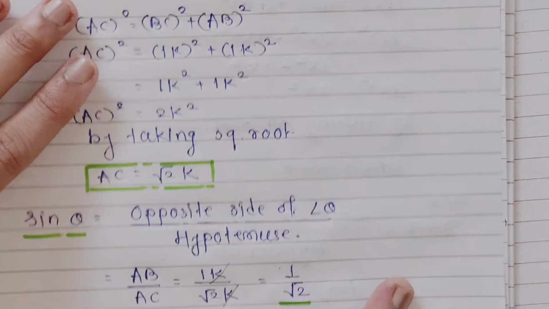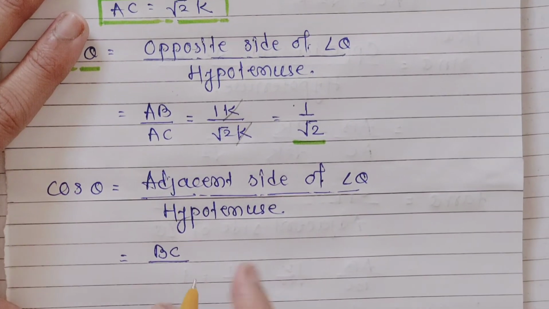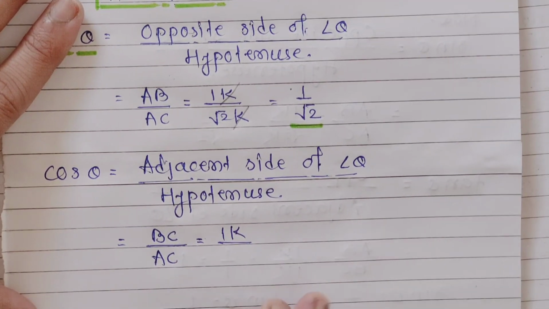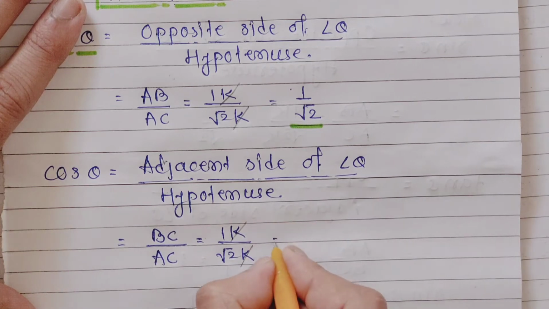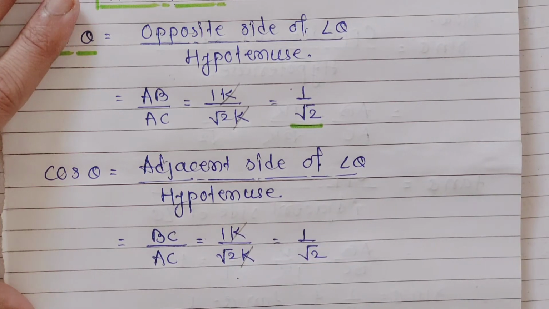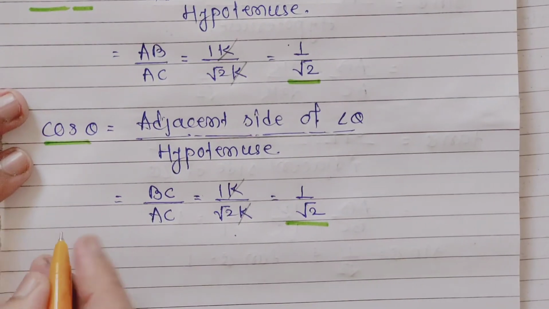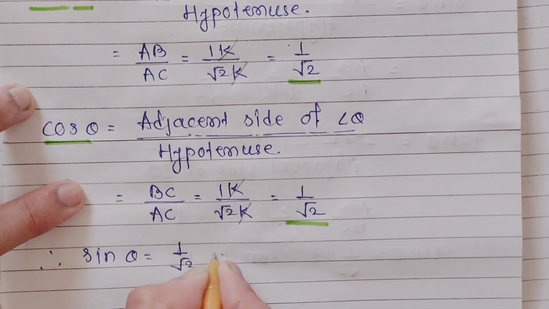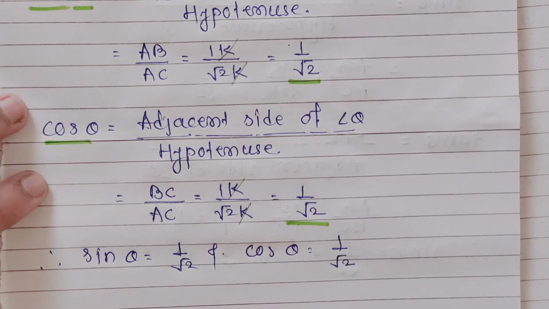Length of BC is 1K and length of AC is root 2K. So K cancels K, remaining 1 upon root 2. It is the value of cos theta. So therefore we can write sin theta is equal to 1 upon root 2 and cos theta is also 1 upon root 2. Is it clear? It is our answer.